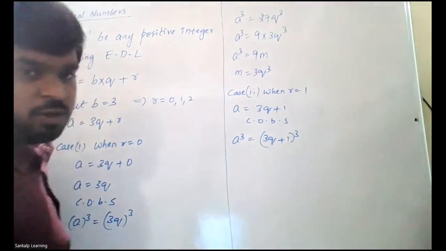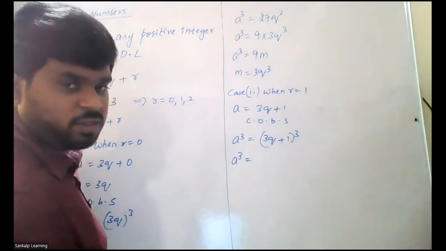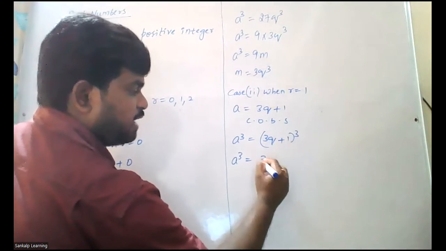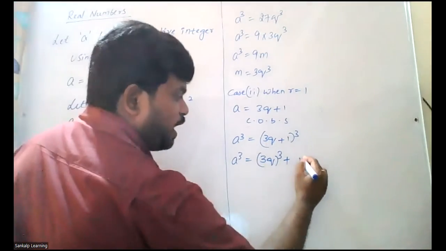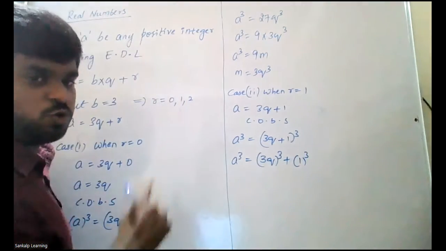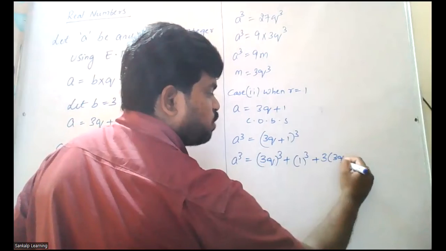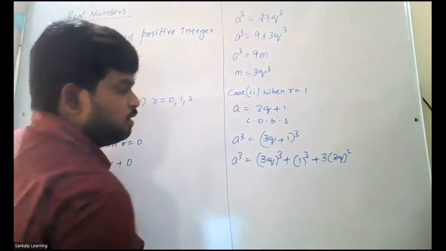So it is a plus b, the whole cube, or x plus y, the whole cube. What is x plus y, the whole cube? x cube plus y cube plus 3x square y plus 3x y square. When I say x, it is 3q, and when I say y, it is 1.